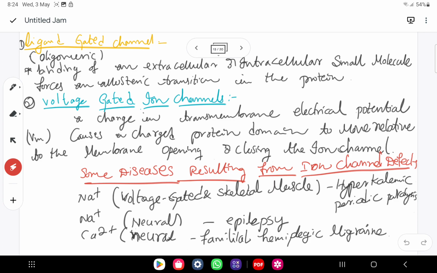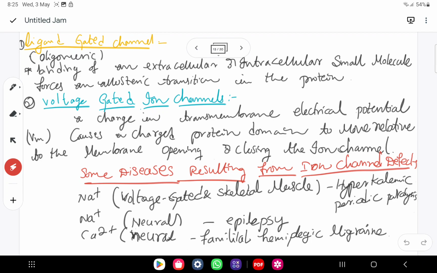Some of the diseases result from ion channel defects. Na plus voltage gated channels are found in skeletal muscles. A defect of Na plus voltage gated channels in skeletal muscle leads to hyperkalemic periodic paralysis, also called paramyotonia congenita.